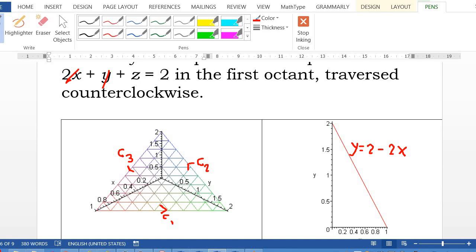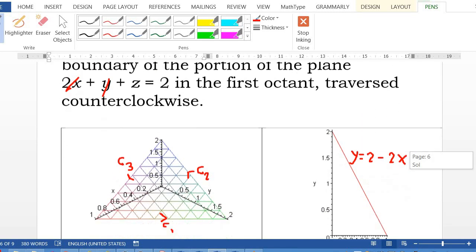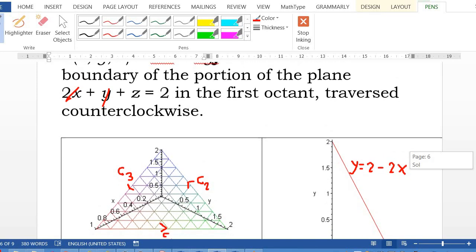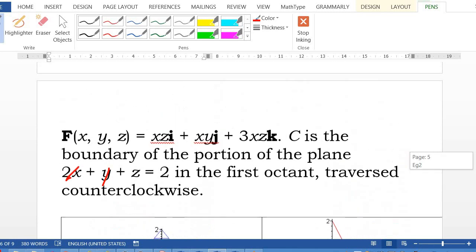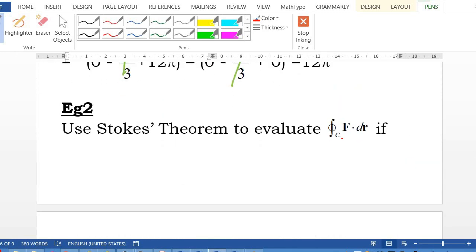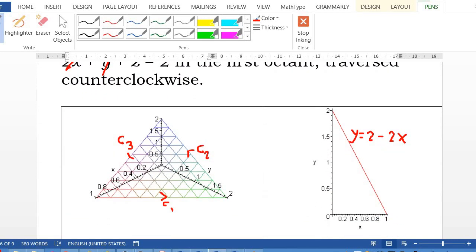The curve C is the boundary of the portion of the plane in the first octant traversed counterclockwise. The curve C consists of C1, C2, C3 traversed anticlockwise. If you want to do the line integral, you have to break it into C1, C2, C3 and do it three times.